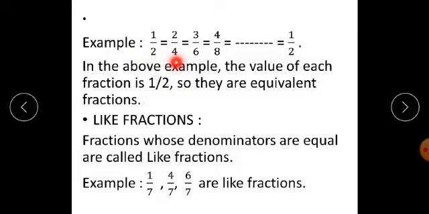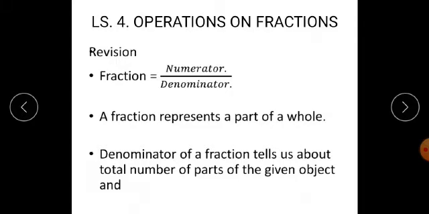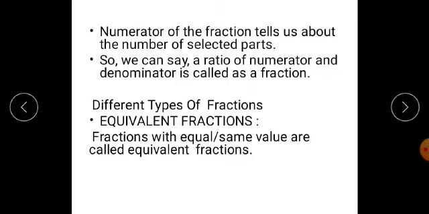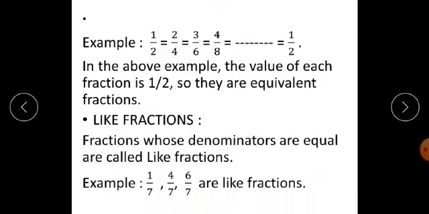The second fraction, 2 upon 4: if you divide the numerator by the denominator, the answer is 1 upon 2. In the third fraction also, the answer is 1 upon 2. And the fourth fraction, 4 upon 8, again gives 1 upon 2. Therefore, all the fractions with equal or same value are called equivalent fractions. In the above example, the value of each fraction is 1 upon 2, so they are equivalent fractions.